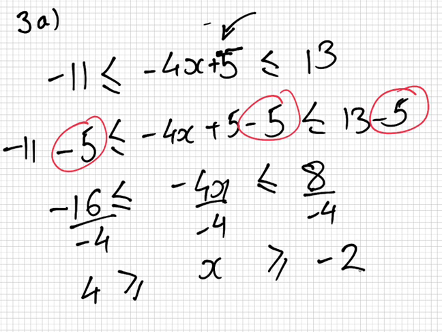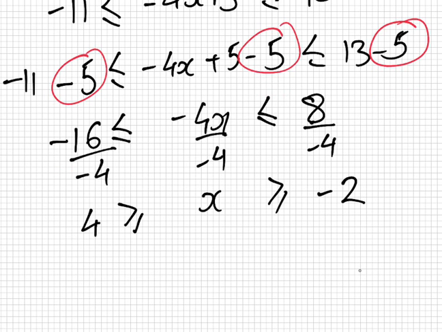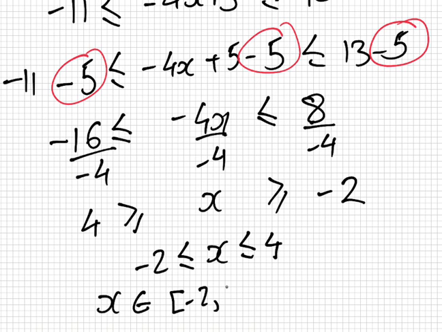So x is between minus 2 and 4. It looks a bit weird because it's written backwards there, so I'll just write it the other way. X is between minus 2 and 4, which means x belongs to minus 2 to 4.